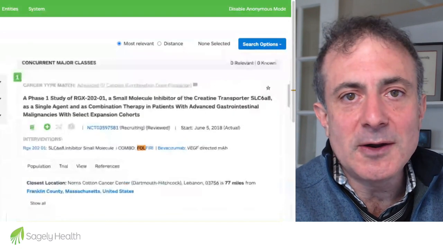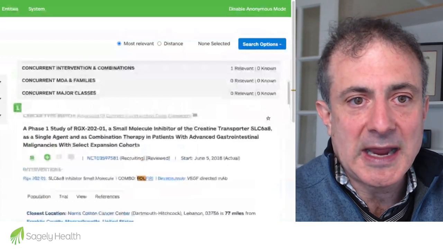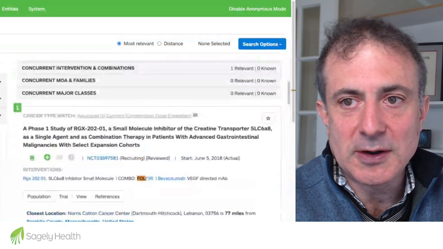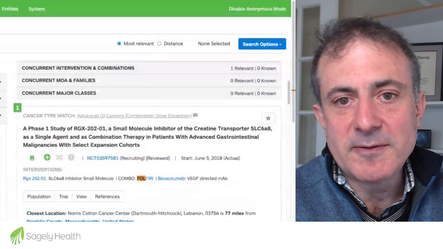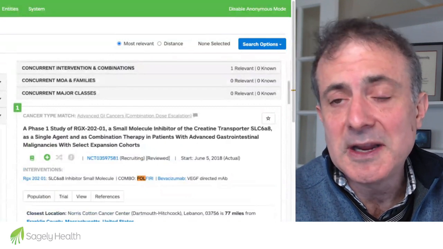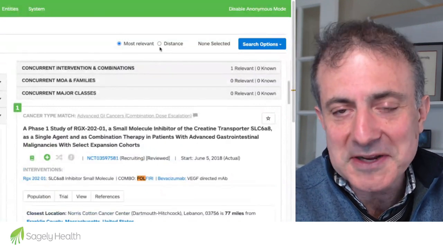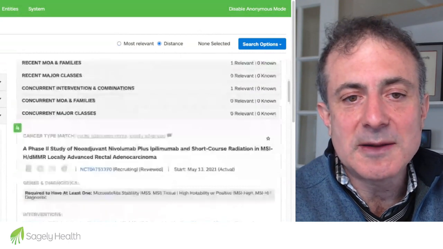What we're looking for here then is to see, are there things that can be doing better? You can see here there are various other trials going on, some of which are combined with FOLFOX, some of which are combined with something called FOLFIRI, which is similar to FOLFOX with one difference in chemotherapy agents. And here there are drugs being combined with this.